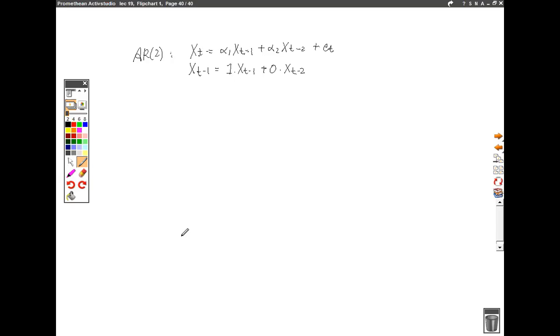So this process is nothing but just xt minus 1. I have just used some manipulation here and rewritten it as an equation. So now I will use this first and second expression to write this AR2 in terms of a VAR1 model.